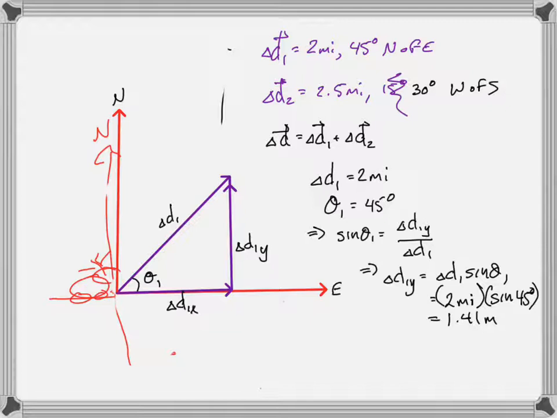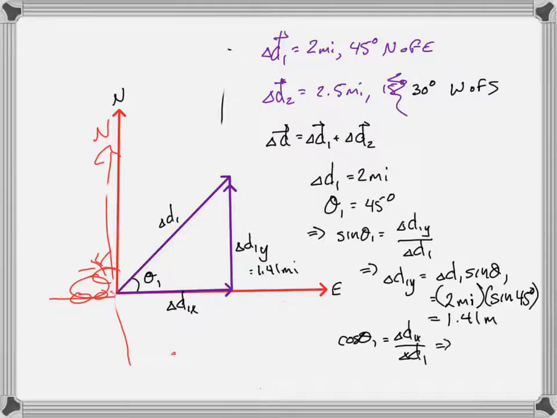Okay, that's the y component, 1.41 miles. The x component, we can do cosine theta equals the cosine of the angle is the adjacent delta D1x over the hypotenuse delta D1.